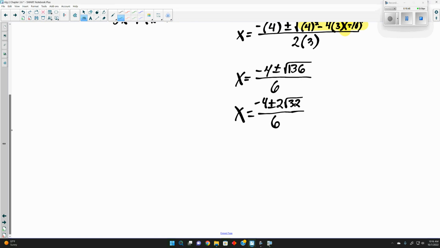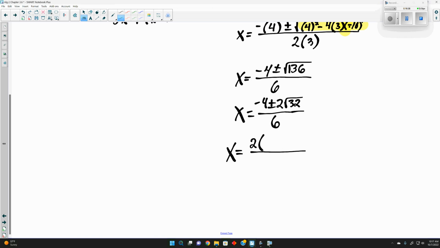Questions on this here? Is there a common factor between -4, 2, and 6? Because there's a common factor of 2, yes? You would need to reduce that. Now, the main way we can think of that is I'm going to factor a 2 out of the numerator.